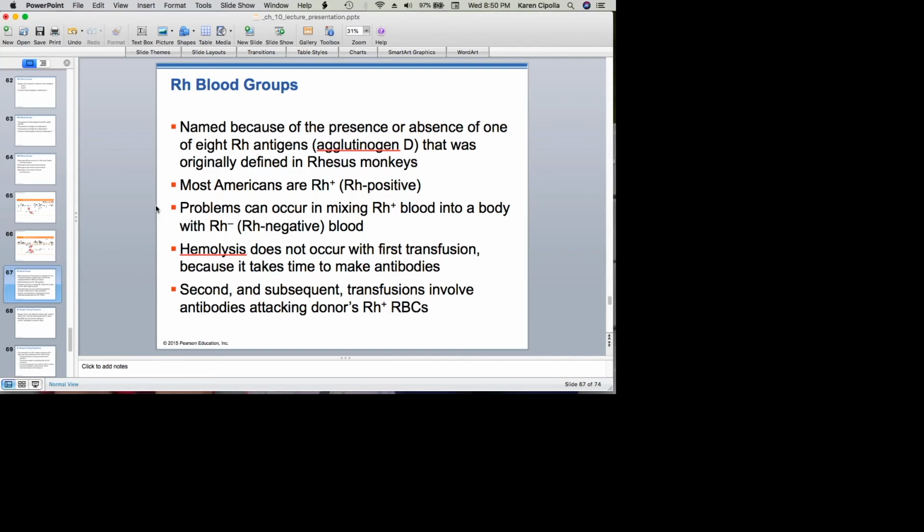If you've got an Rh negative person, that means that they don't have the antibodies for these antigens. So the first time they receive a blood transfusion, you won't have an issue. It's the second time, because then they've developed antibodies to these antigens, that they will attack the blood and break up the blood cells.